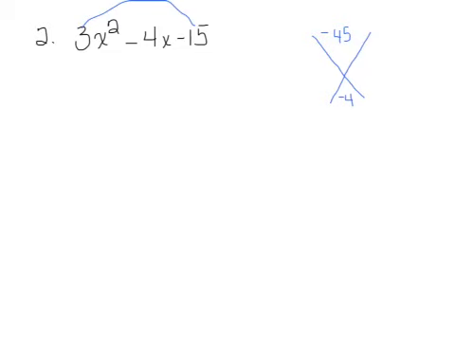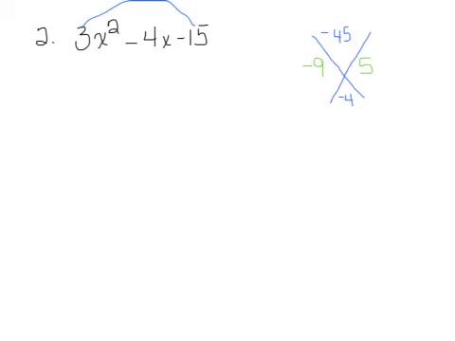It depends on what two numbers I get right here. And I know that 5 times 9 is 45, and if I have a negative 9 and a positive 5, I could multiply that together to give me a negative 45, and add them together to give me a negative 4.